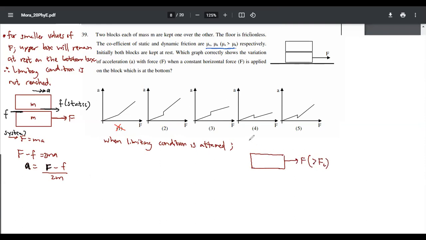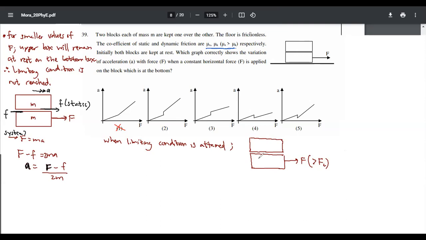Then what's going to happen? Then the friction can't stop the bottom box from moving away from it. Therefore, between these two there will be relative motion. So the bottom box will move forward now without the top one.